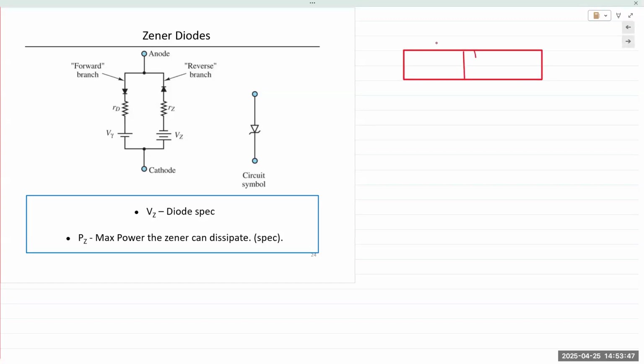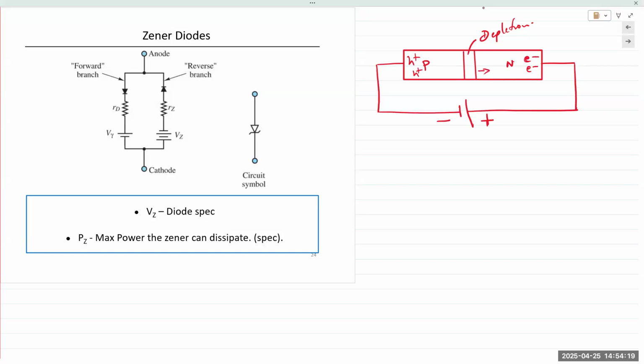So at the junction, we have a depletion region, which is devoid of all charge carriers. If this is P, and this is N-type material, you have excess of holes here and excess of electrons on this side. They're attracted by the electric field, and so they are pulled away from the junction, and the depletion region expands, gets bigger.